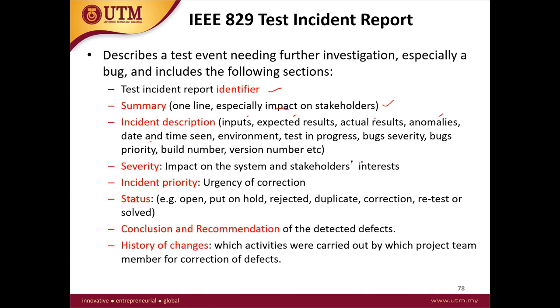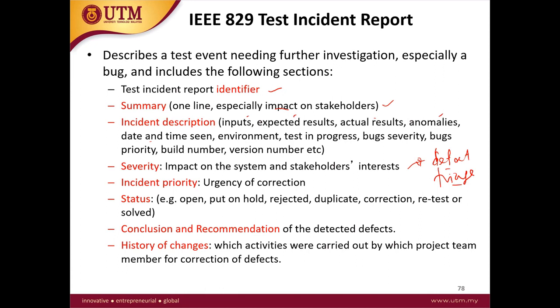The severity is the impact on the system and stakeholder interest. Sometimes companies are asked to do a defect triage. Defect triage is when we have a session with the stakeholders to determine the defect.